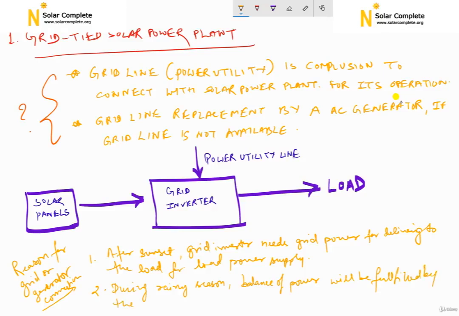So whenever any power difference is there from the solar panel, the inverter takes the balance of the power from the power utility line and fulfills the demand. In this case, 5 kilowatt from the solar panel and 5 kilowatt from the power utility line, 10 kilowatt will be fulfilled like this. So for balancing the power, the grid line is required.